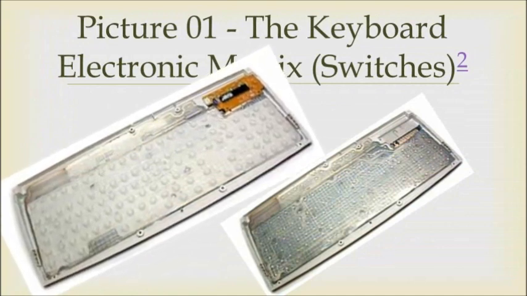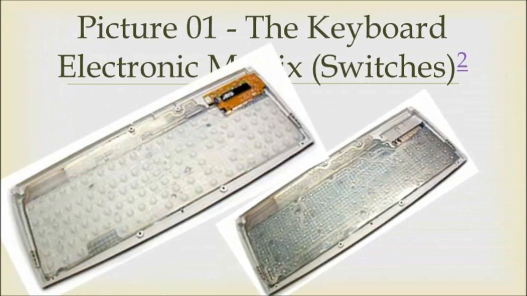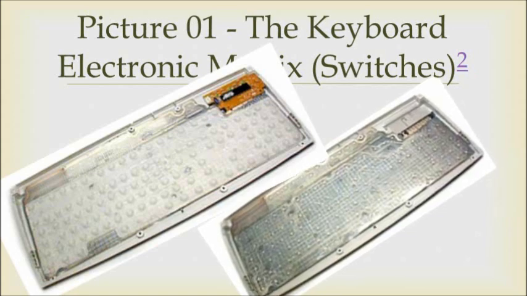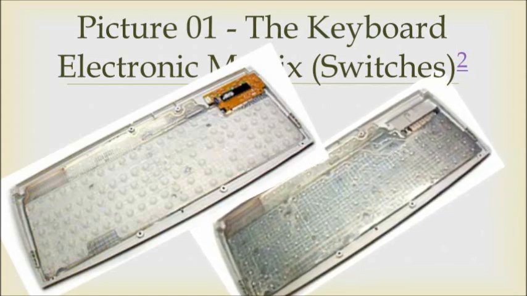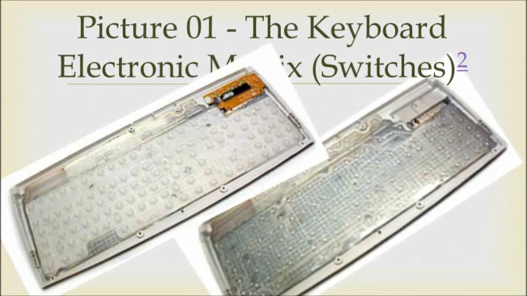Then the second is showing you the actual matrix. When you press the button, it actually touches the switch on the matrix, and then the processor can read it. But if you use your own hand also, sometimes it can work.